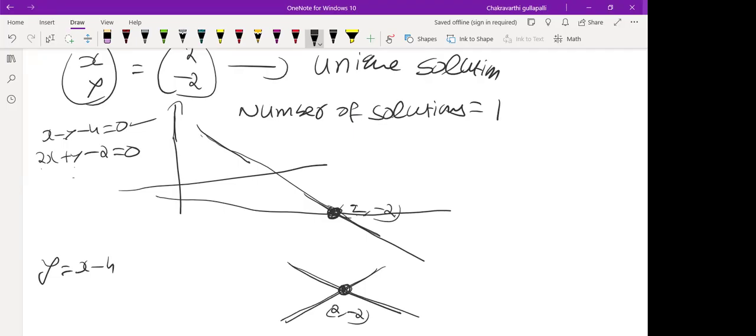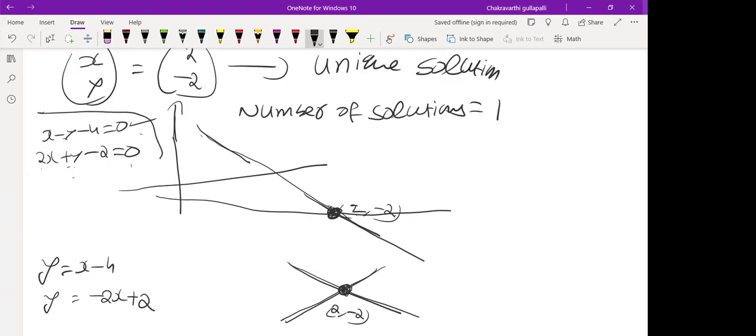You know how to draw straight lines using your 8th class method: give some values for x and y, and you draw after going to your place. So what I want to say is this is one straight line, this is another straight line, they are intersecting at some point. So this point of intersection is called the solution.